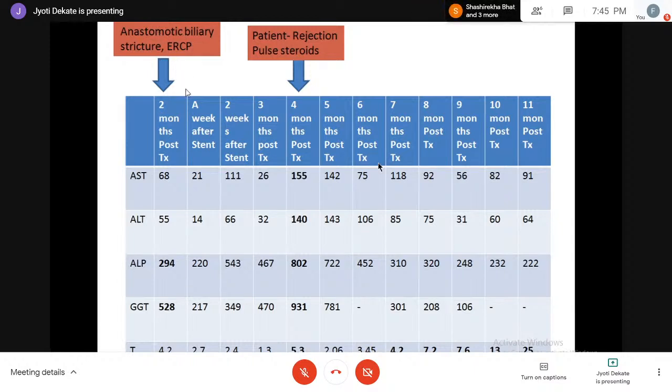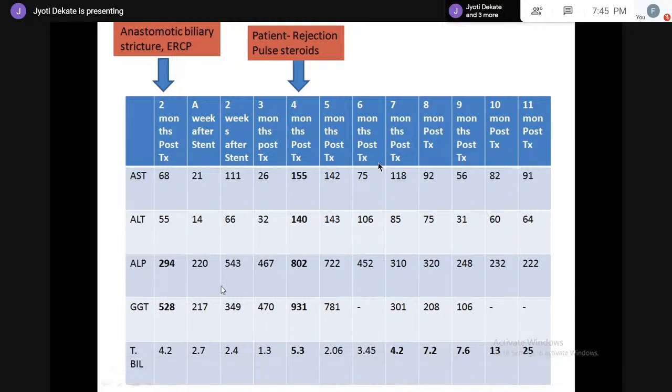ERCP stenting was done in this patient. He was relieved of cholestasis during the initial 3 months, but later on he developed an increase in the aminotransferase levels as well as the cholestatic liver enzymes and also the bilirubin levels. At this time the patient was diagnosed clinically as rejection, and pulse steroids were administered.